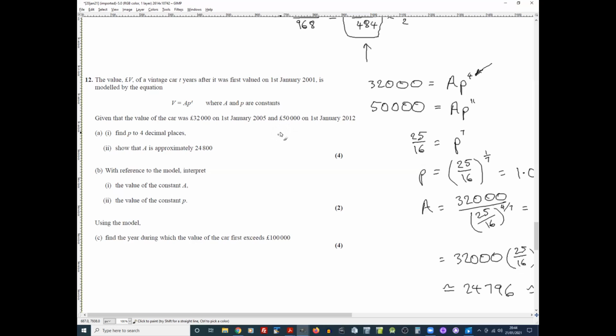Interpret the value of the constant p. Well, it would be the effective change on the value of the car every year. In a geometric sequence or series that would be called the common difference.